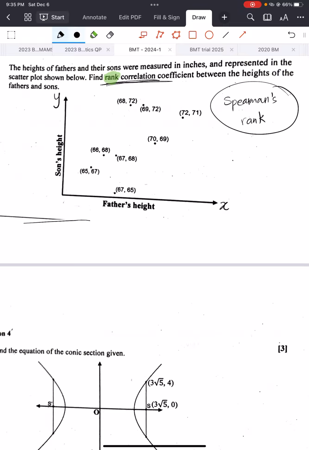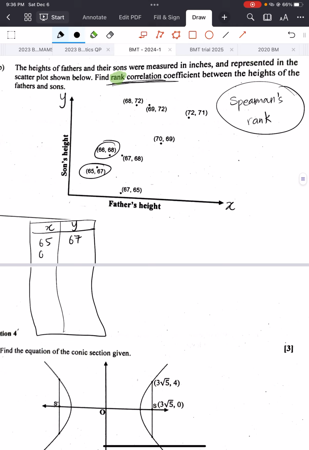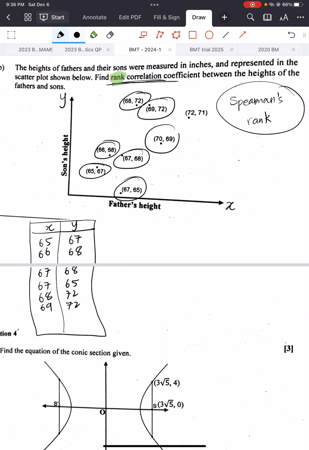So now you need to make a table. So if I make a table here, x and y, you have here 65, 67, another point which is 66, 68, then you have 67, 68, then 67, 65, then 68, 72, then 69, 72, 70, 69, and finally 72, 71.